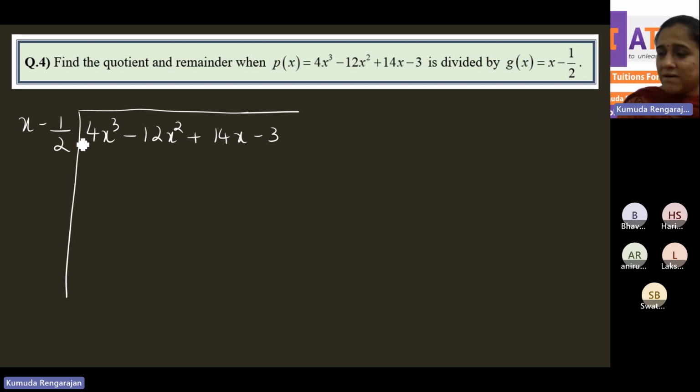In the divisor also, we have the x term and then the constant. The terms in both the dividend and the divisor should be in descending order, that is big to small. So if there is x power 10, that should be first, then x power 9, then x power 8, x power 7, like that.